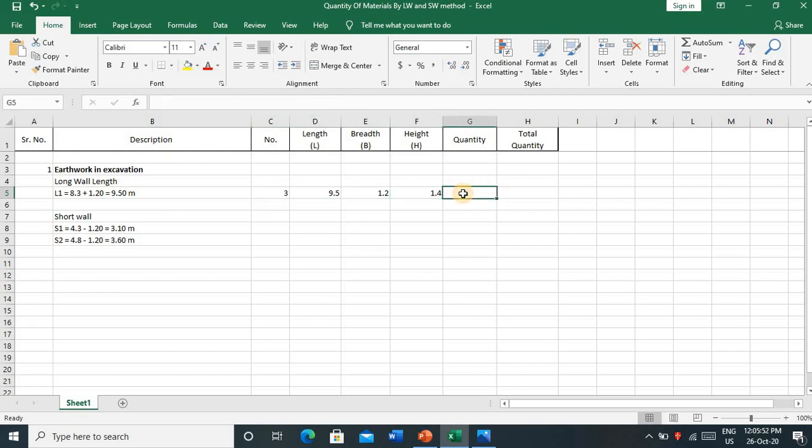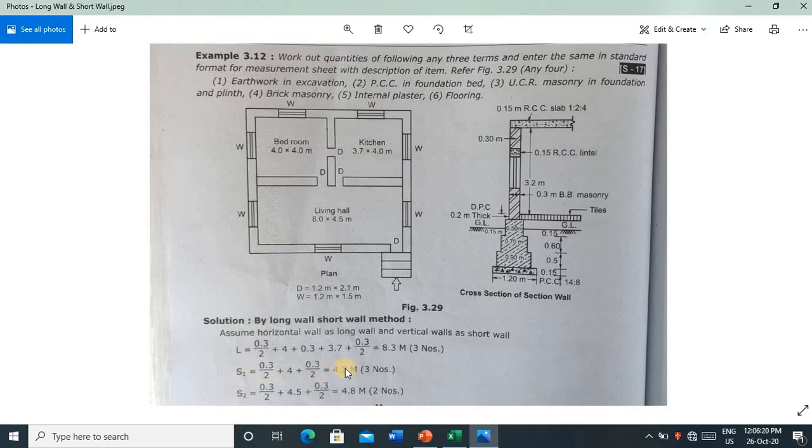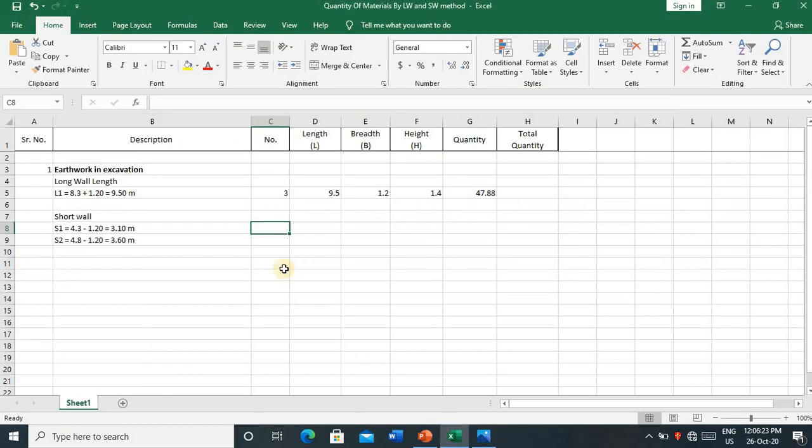Okay, so in calci I am just calculating the quantity, 3 into 9.5 into 1.2 into 1.4. The calculated quantity is 47.88. Okay, then for short wall, total numbers will be, short wall 1 numbers are 3, so you need to put 3 here.